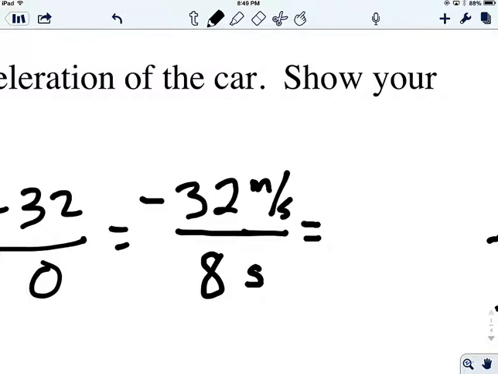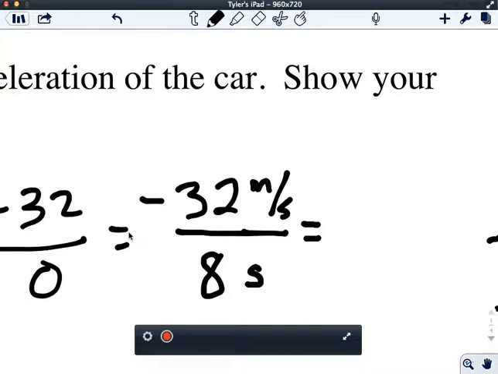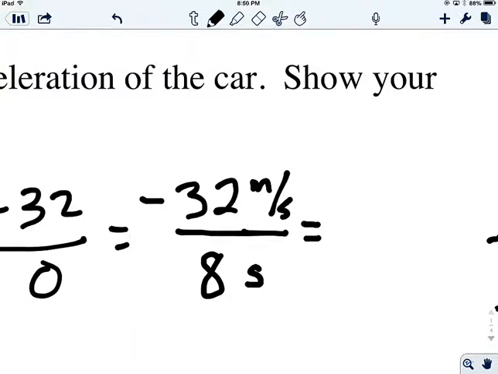Now check this out. We'll see if this works for you guys. 32. Does it let me do negative? Looks like it doesn't. Oh man, I messed that up. 32 divided by 8 is, hey, look at that, 4. Now it's 4, but remember that's a negative 4.